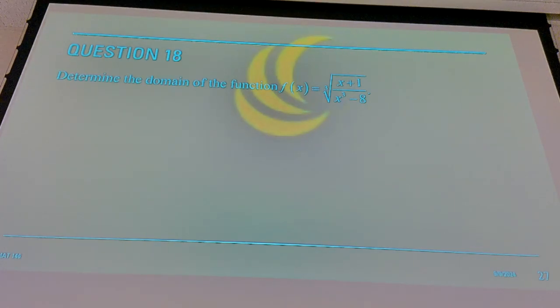Do we have restrictions? What are the restrictions? What about negative 8?